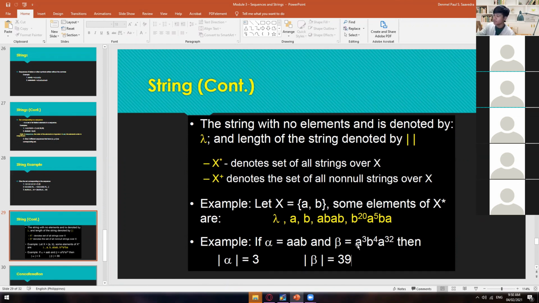This indicates that we have 3 A's, 4 B's, and then 32 A's. Since we are in a sequence, you have to count everything. So 3 plus 4 plus 32 is equal to 39.